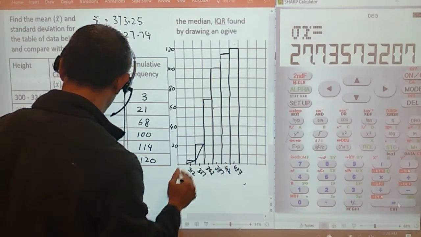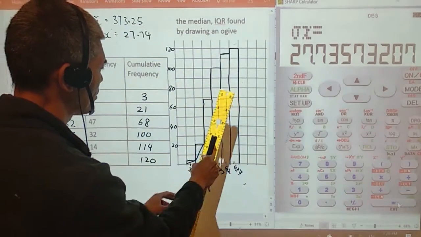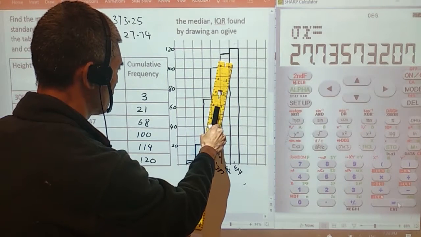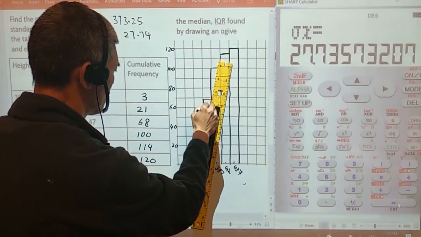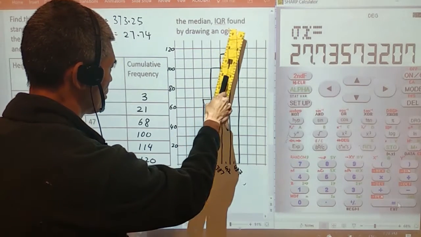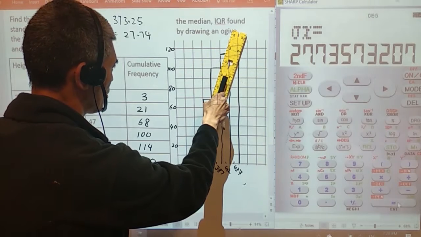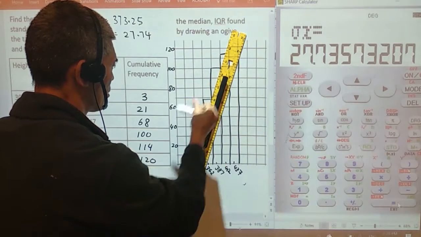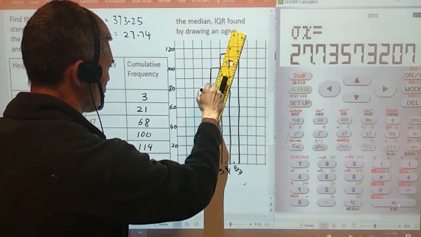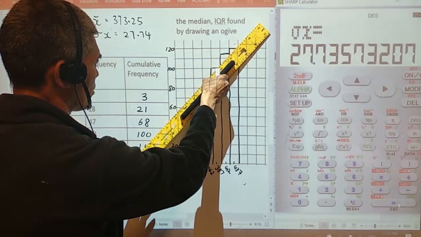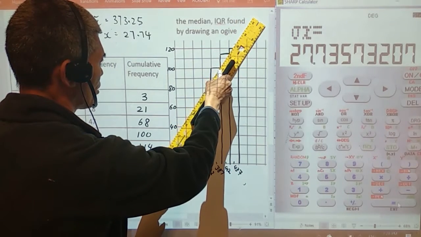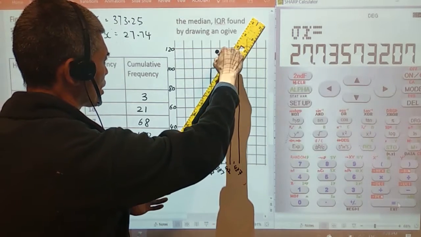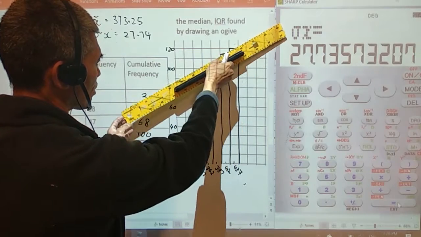Alright, so I'm going to use a ruler here. Now you could see the ogive initially increasing really quickly and then tapering off at the end.